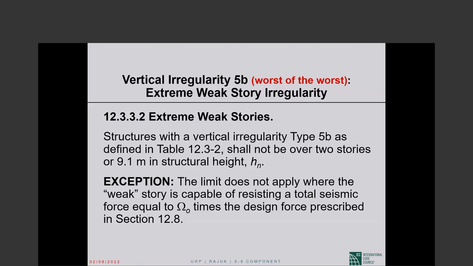So in that case, if it is capable of resisting a total seismic force equal to omega sub 0 times the design force prescribed in section such and such, or if you strengthen your columns to that extent, then you don't have to live with this height limit of 2 stories or 30 feet.